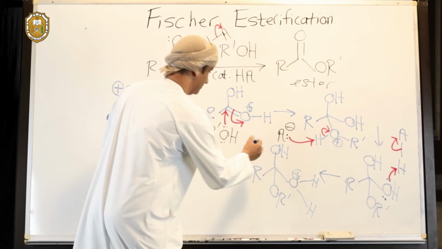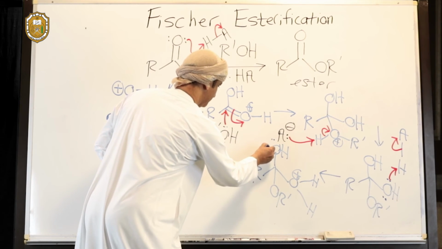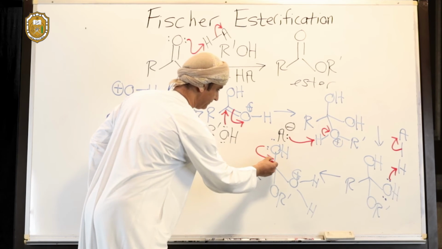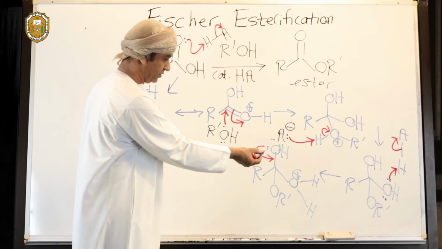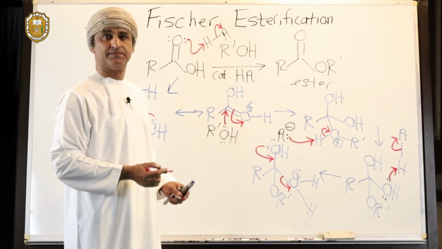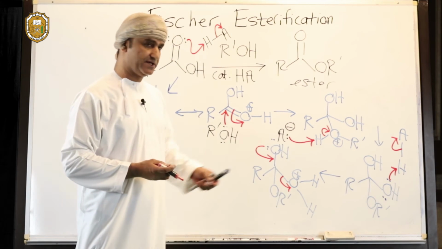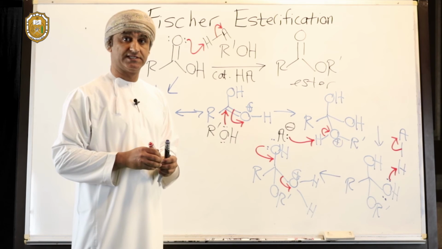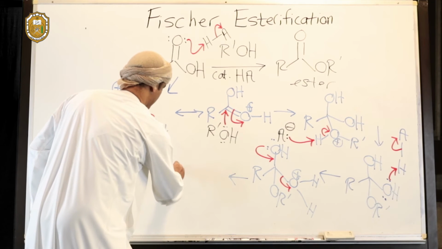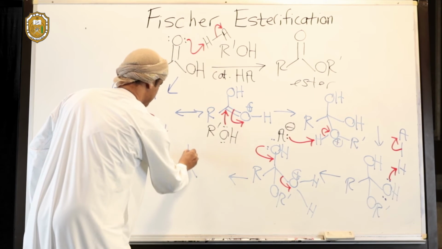So we take one of the lone pairs on this oxygen, and then we make a double bond here. And of course, this H2O now leaves, it departs, because now it is an excellent leaving group as a result of this essential protonation step. What we get now is this intermediate.